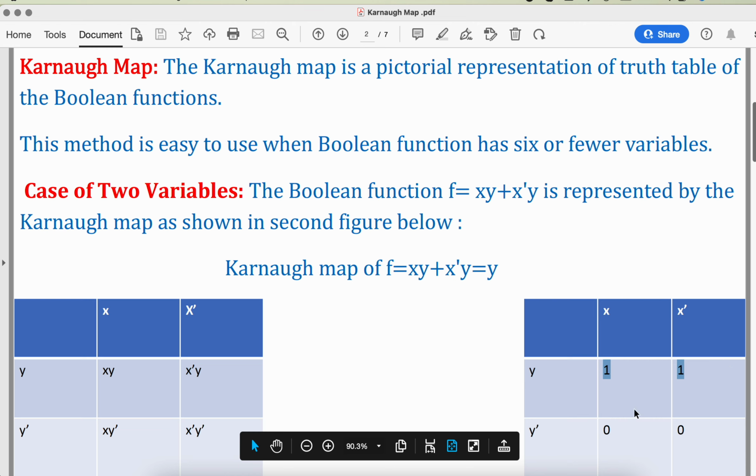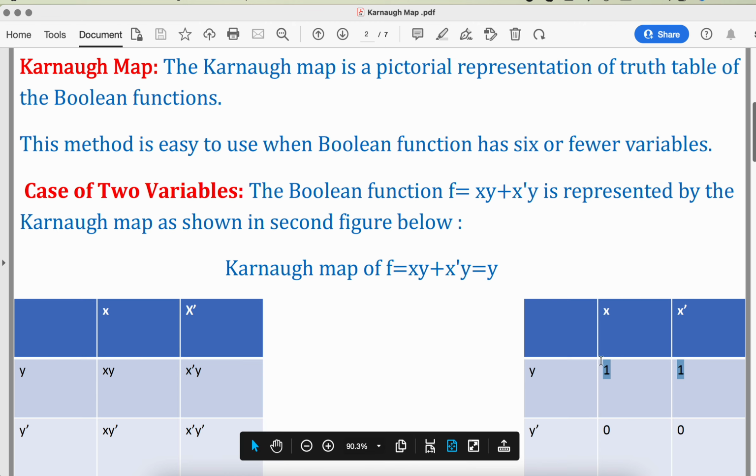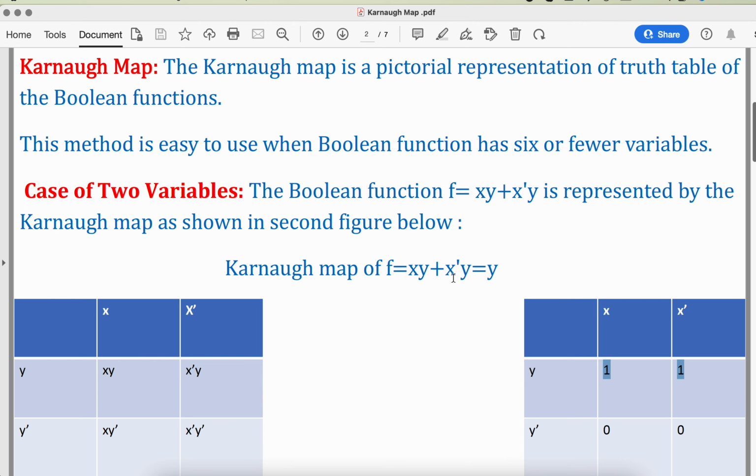These two terms can be looped to give a resultant that eliminates x, since it appears in complemented and uncomplemented form. So this rectangle is equivalent to y, because on the extreme left side we have y here. So we have simplified the Boolean function f equal to xy plus x dash y to give y.